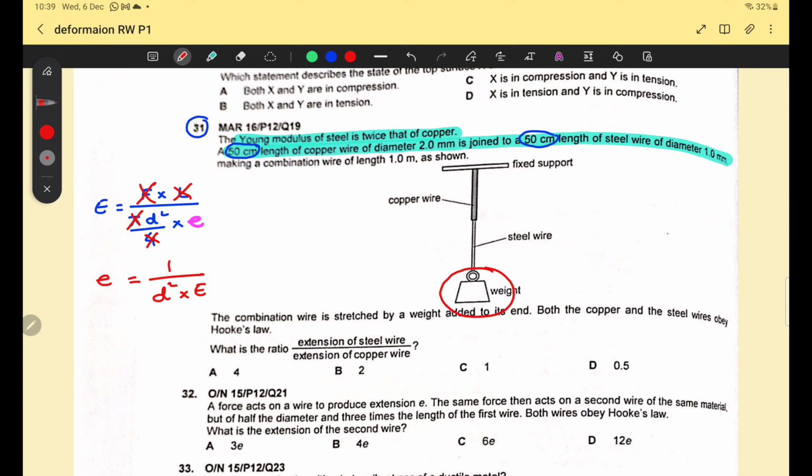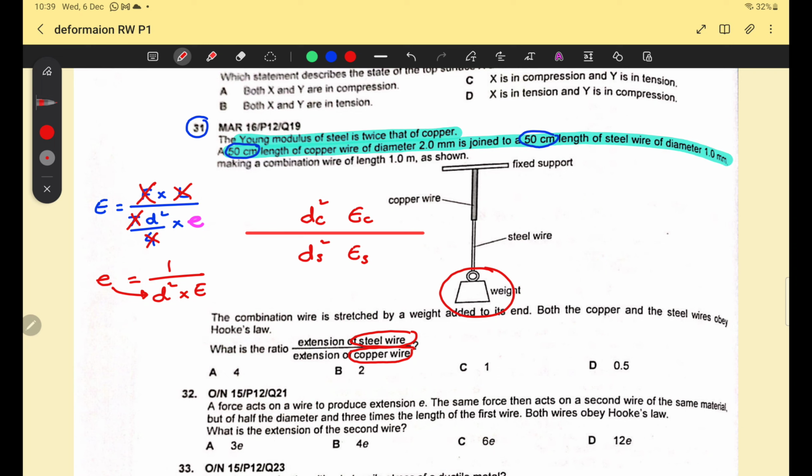And now you can solve the extension of steel wire, and you can solve their ratio. So I am writing in this way. Extension is inversely proportional. For steel wire, I should write diameter of steel and Young modulus of steel in the denominator, and in the numerator for copper, I should write diameter of copper and Young modulus of copper.